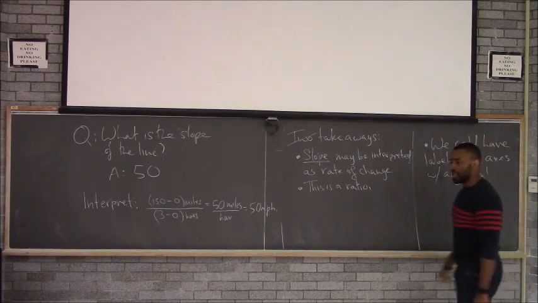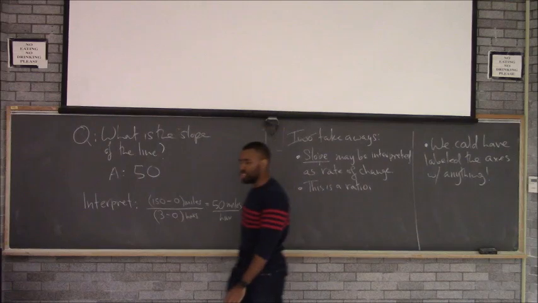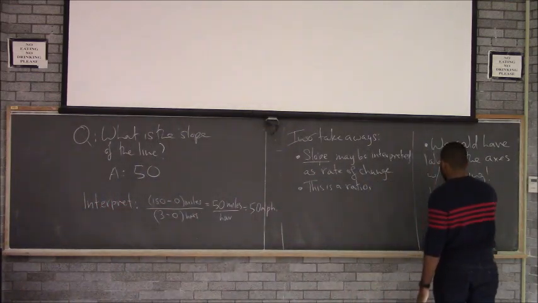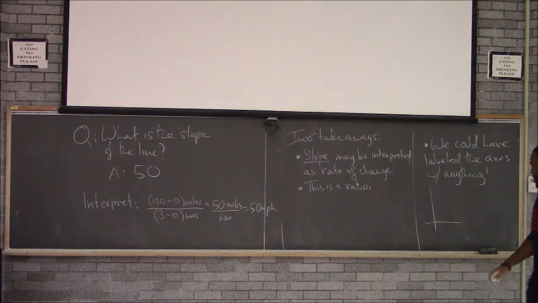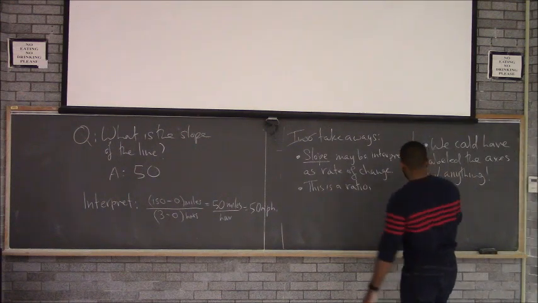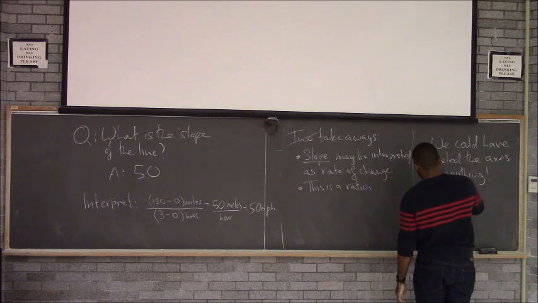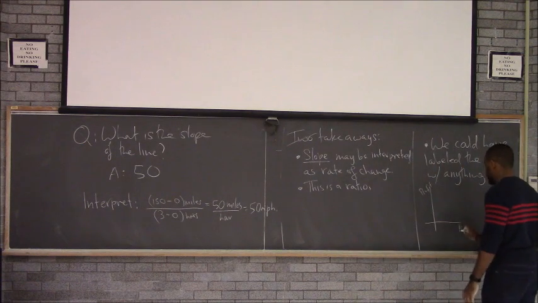And ultimately, the mathematical interpretation, how I would find the slope, would not have changed. So I could have been measuring something like, instead of distance versus time, I could be measuring, say, profit versus price.